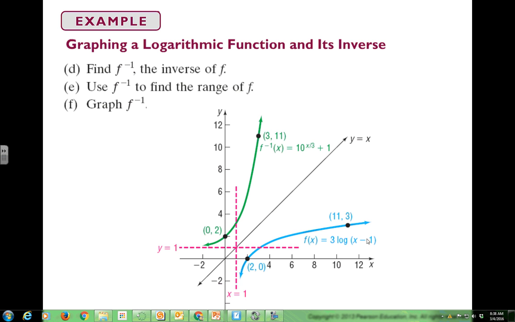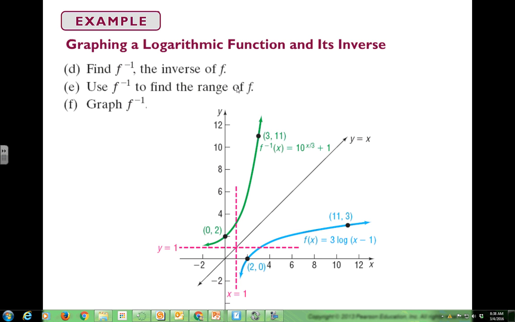So where it says minus 1 here, I'm going to put a plus 1 on the outside of my function. I have a log base 10, so I'm going to have my base 10 here. Here I have a vertical stretch of 3, but my inverse is going to need a horizontal compression of 1/3. So instead of multiplying my function by 3, we are going to divide my exponent by 3. And that'll give us the inverse function.